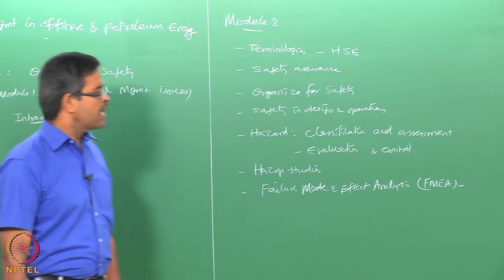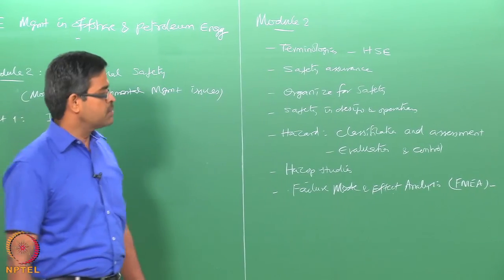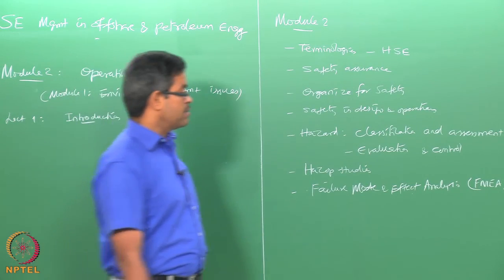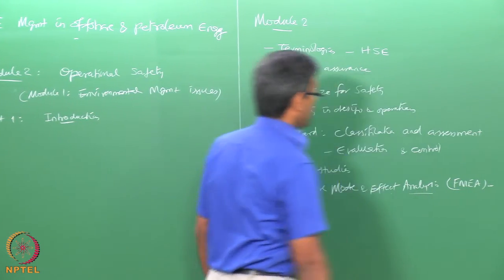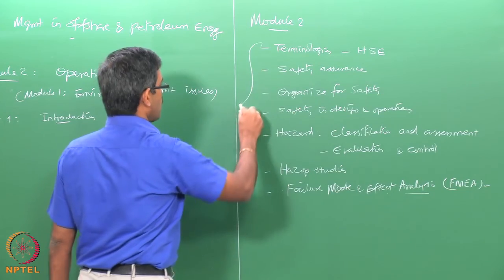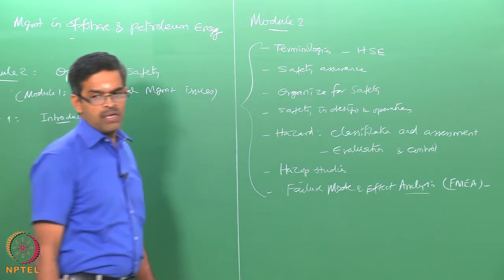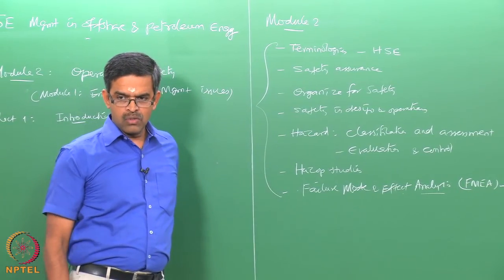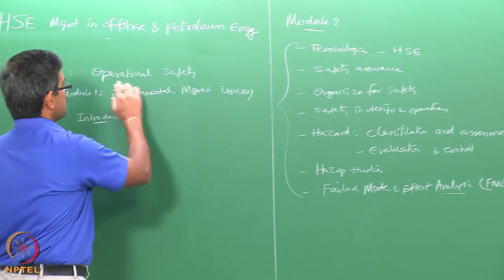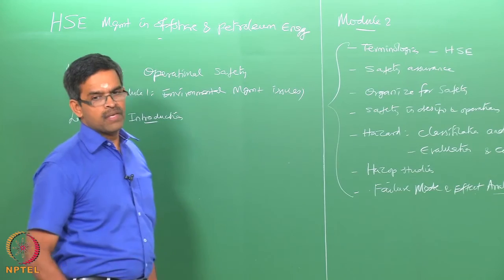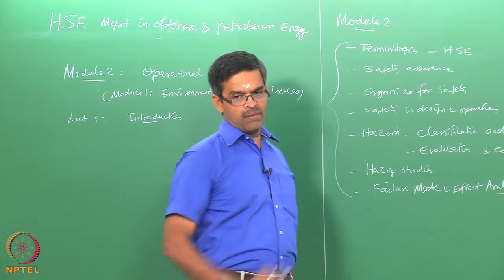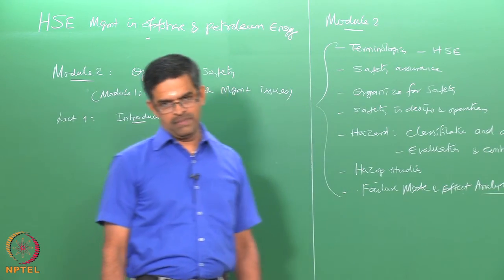We will give you many case studies and examples from a research perspective in industrial applications, which we personally did in IIT Madras, where we will talk about FMEA. So, this is going to be the broad outline of the lectures in Module 2. All will be reoriented to the focus of operational safety, especially in process industries in general, with particular examples picked up from oil and gas industries.